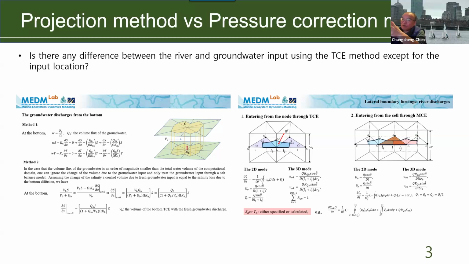So they use two methods. One is called the node point method, just like the picture shows here. They just dump the water into the node, into the water there. Then they have a continuity equation to calculate the sea level change.